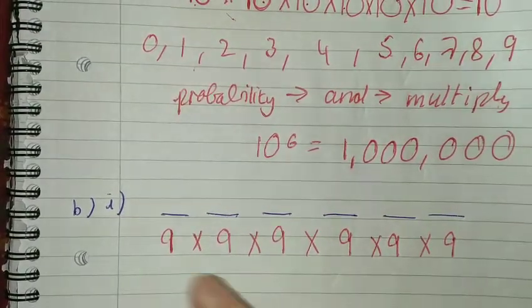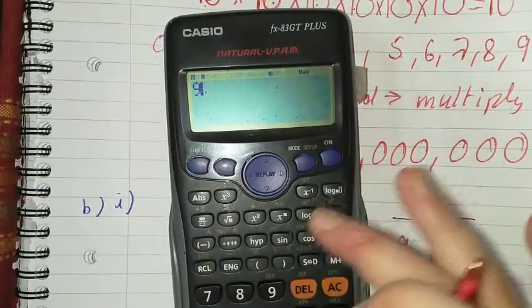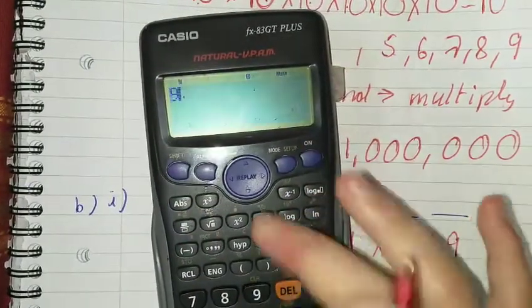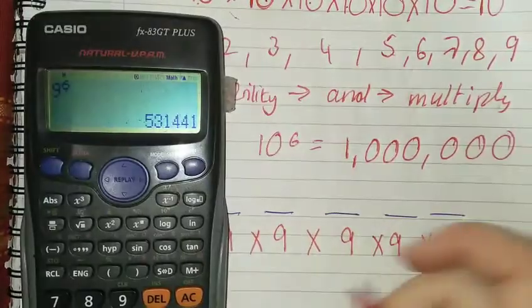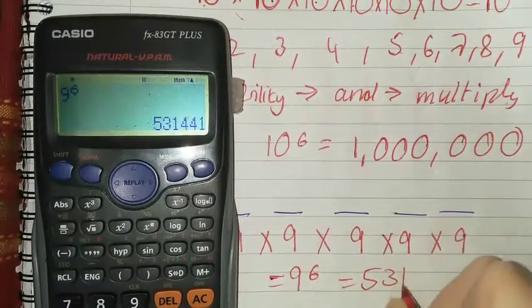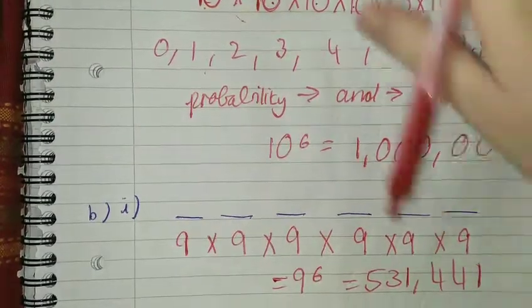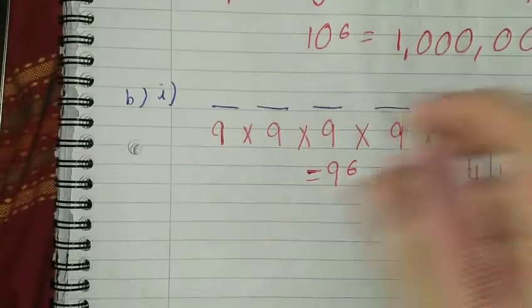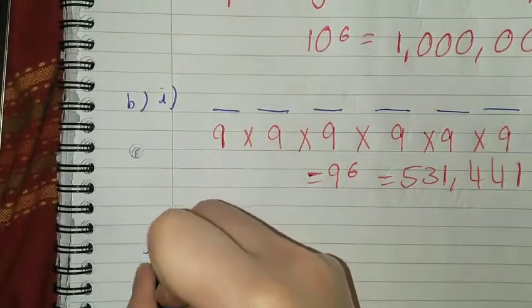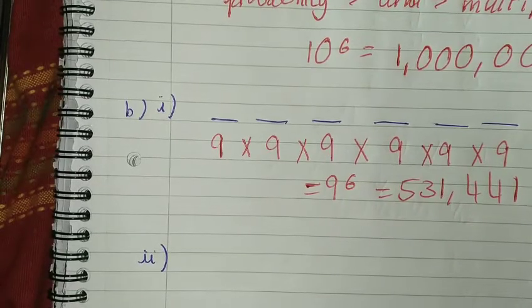So now our password is going to be 9 by itself 6 times, or you can say 9 to the power of 6, which is 531441.